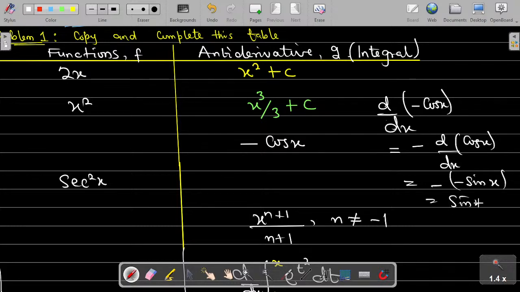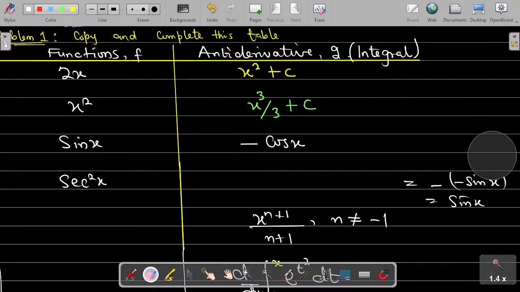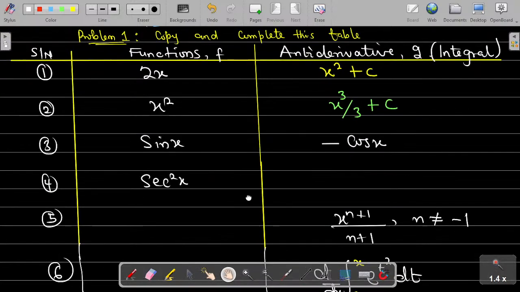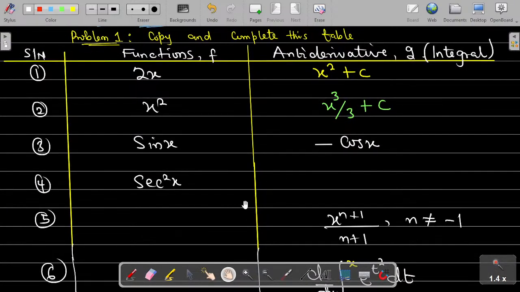I said earlier that it should be sine x. It was after I did that integral and it was not giving me sine x that I knew there was a mistake somewhere. So it was not integral I was supposed to do, but derivative. In differentiating this, we will get the function that gave the integral.